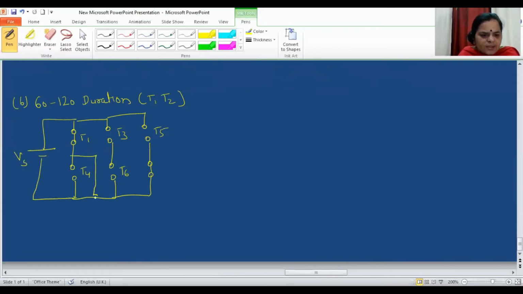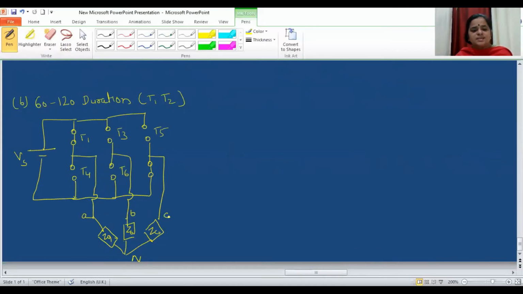Now when I connect the load, that will be connected like this. This is ZA, star connected load. This is ZB, and here there is a ZC. So all three loads are connected in star, and this is neutral, this is A phase, this is B phase, this is C phase. Now if I redraw its circuit, that will be like this.